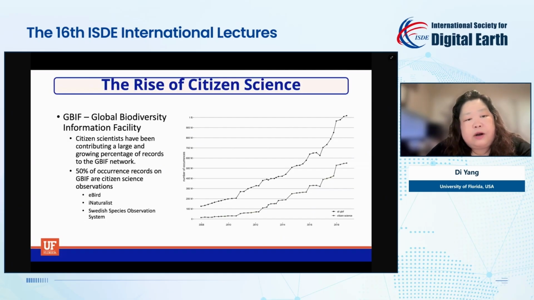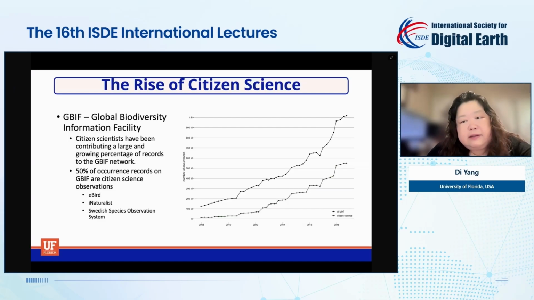One of the biggest contributors to global biodiversity observations is a major platform called the Global Biodiversity Information Facility, or GBIF. On the right side of the screen, we see two lines, and the one on the bottom is the contribution of the citizen science database.